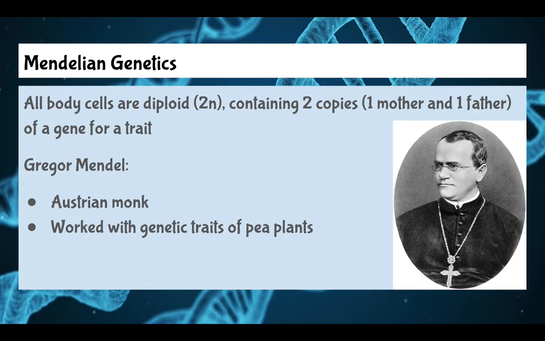And while he was working in the garden of the monastery, he noticed some trends with the pea plants. So he started to do a whole lot of experiments and just tracking the statistics, and he noticed some common numbers in how he was tracking what pea plants looked like. And as a result of this, he became what we call the father of genetics.